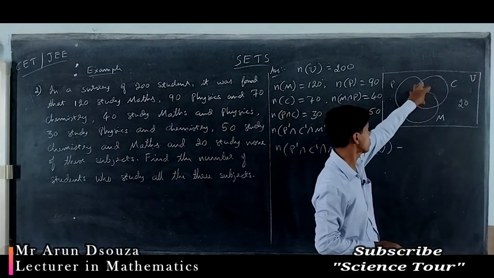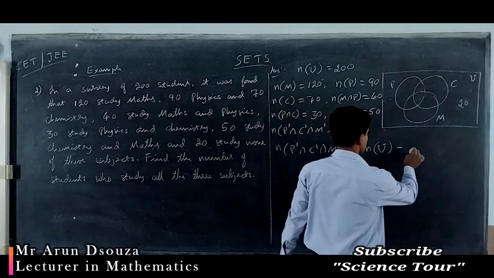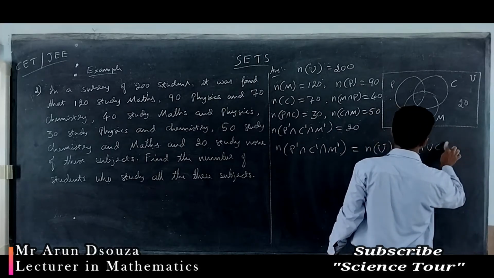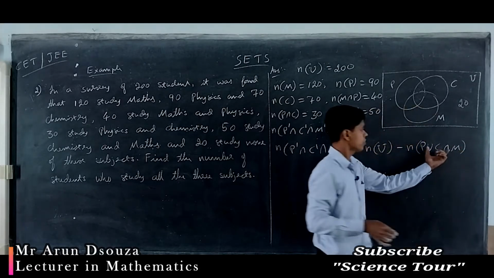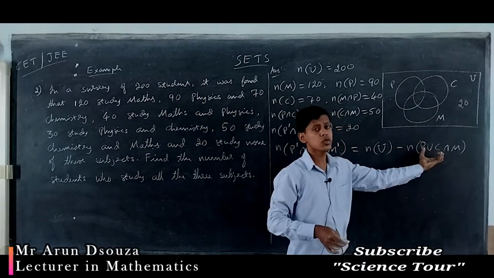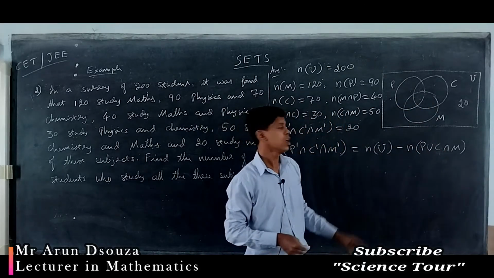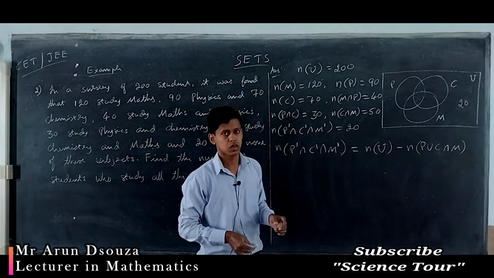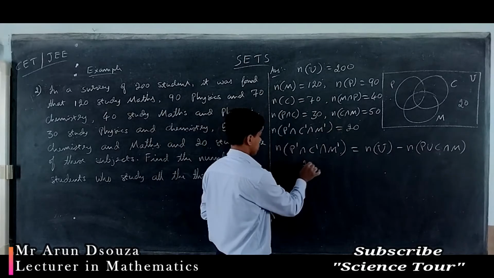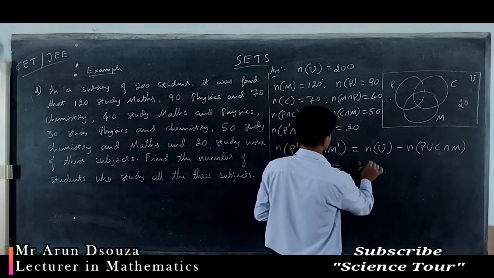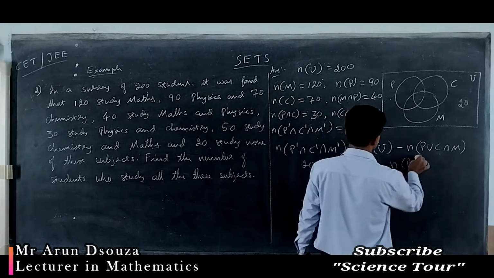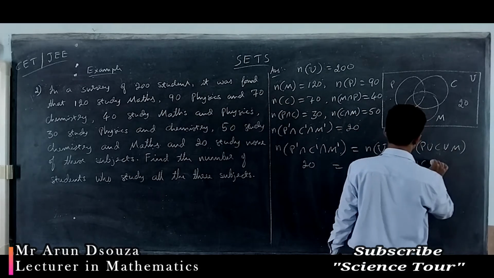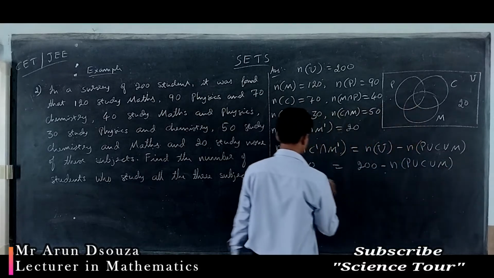From that, you have to remove these three circles, that is the union of physics, chemistry, and maths. If you remove the union of physics, chemistry, and maths from the universal, that will give you none of those three. So this is 20, this is 200, and this is the union of all the three.